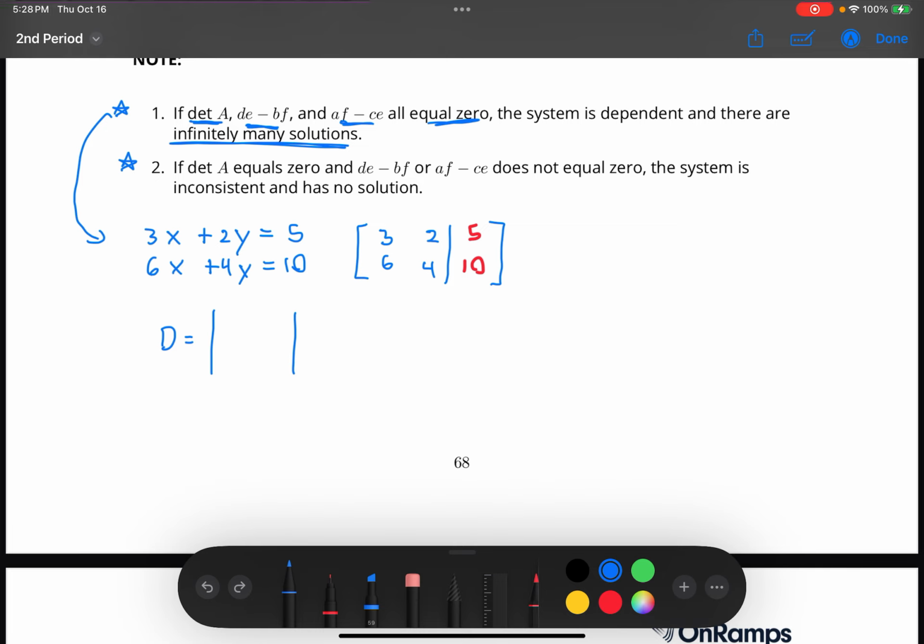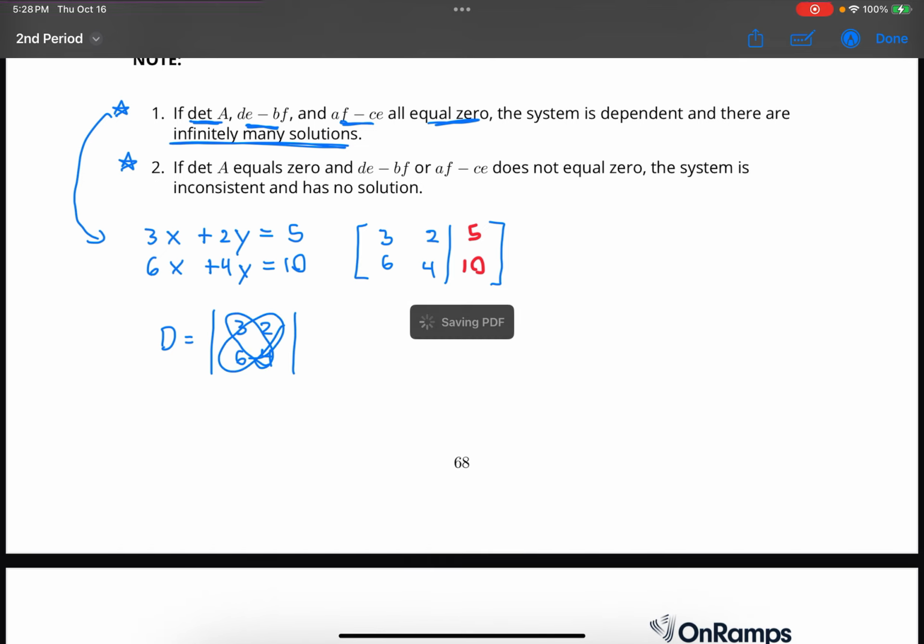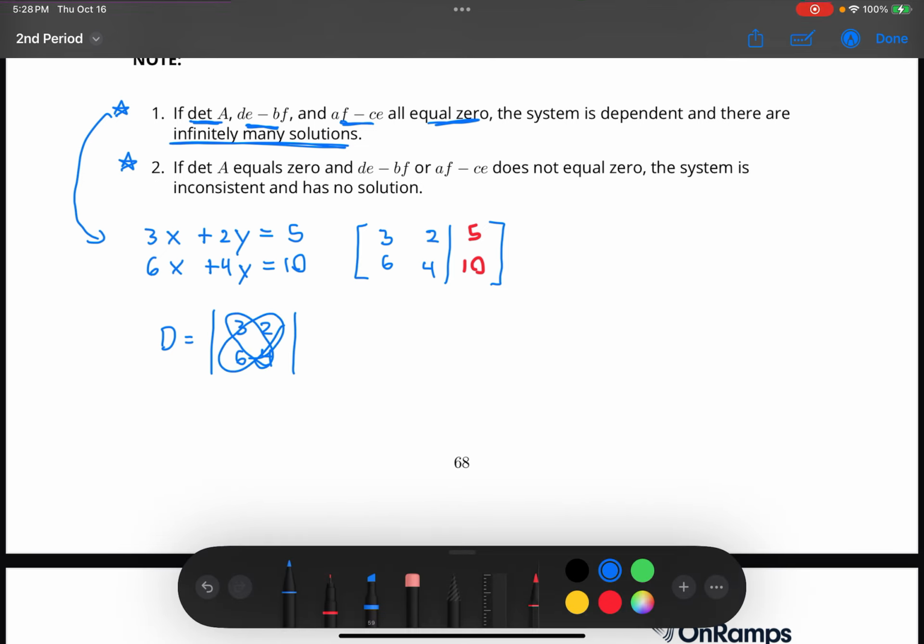All right, so we have a 3, 2, a 6, and a 4. And if I do the determinant, I'm going to end up with a 0. If I do 3 times 4, which is 12, minus 2 times 6, which is 12, we end up with 12 minus 12 here.